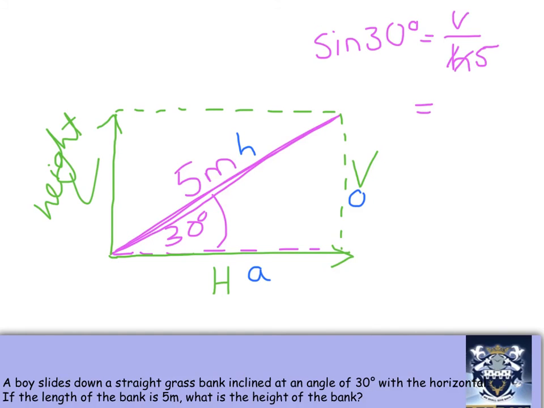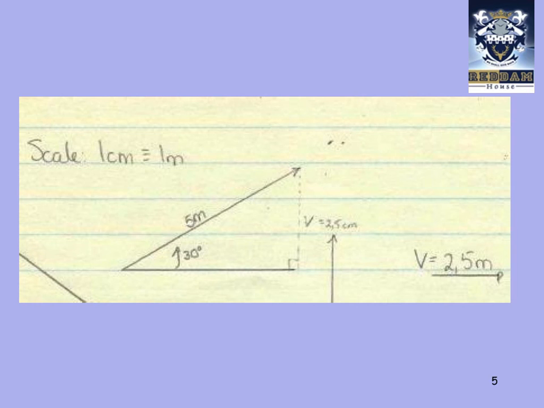So I punch in sine 30 multiplied by 5, and I find that I get a 2,5 meter high bank. This is the diagram. You can quite clearly see 5 meters, 30 degrees, and my opposite side is going to be 2,5 meters. This was drawn to scale, so that was a 2,5 centimeter line, which converted into 2,5 meters with a scale of 1 centimeter to 1 meter.